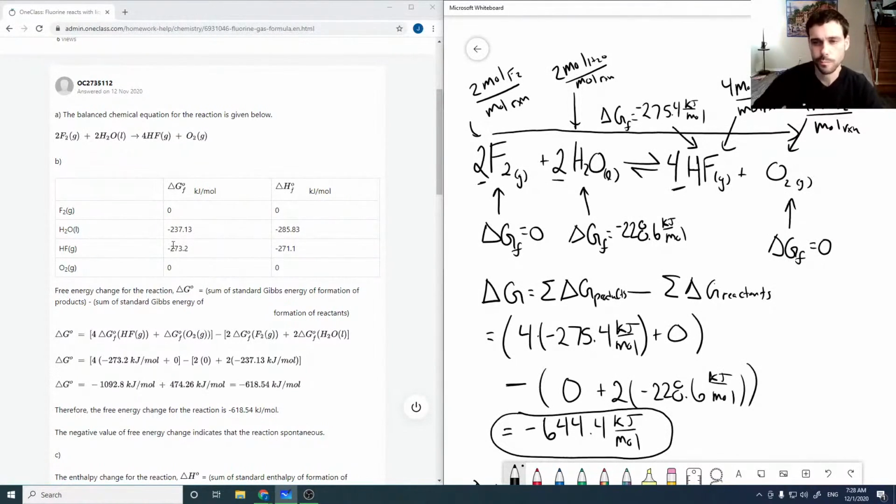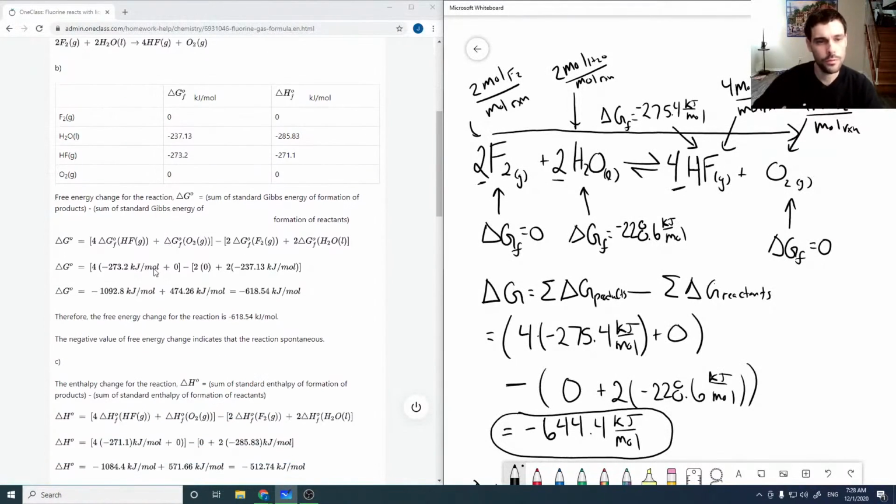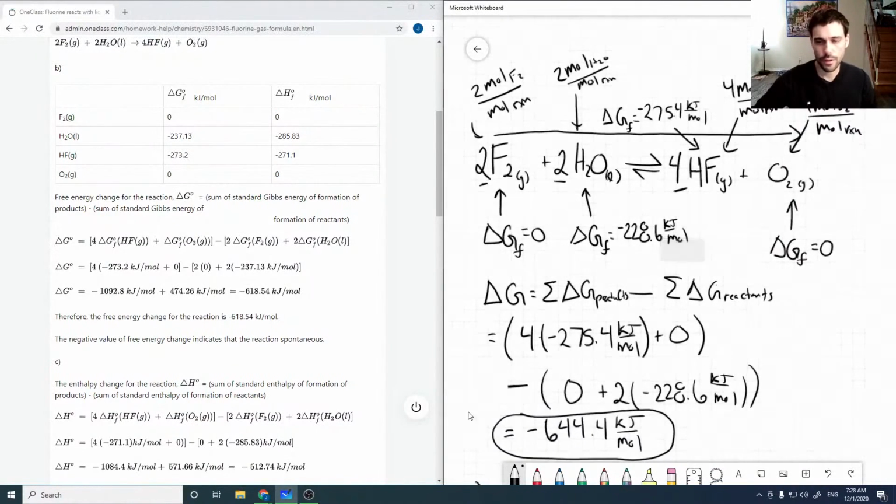It depends what table you use, and so these values might differ depending on who measured them, basically. But that's fine. Everything should come out roughly similar, as long as we run through all the equations the same. So 4 times your delta G for HF, and then 2 times that for water. And because of the differences, our values come out a little different, but that's okay.